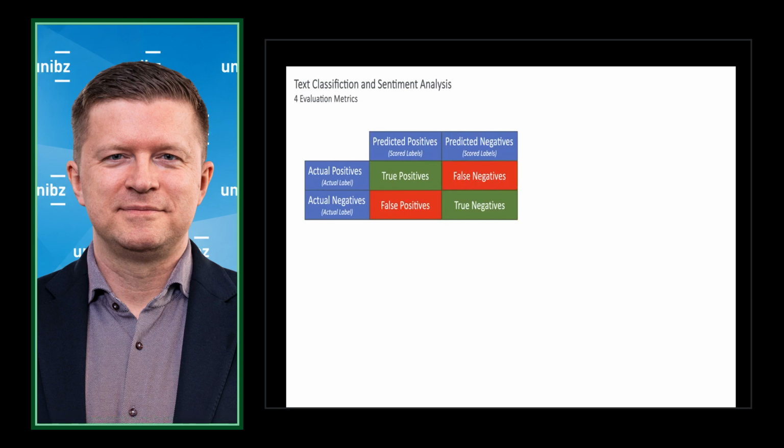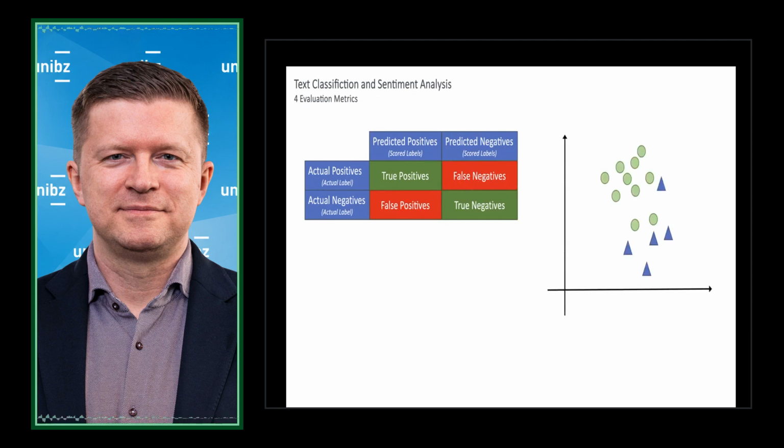Okay, let's try to understand this better using an example. So we have this graph here. Let's say all the circles are positive results, all the triangles are negative results. And our model predicted these results as positive and these as negative.